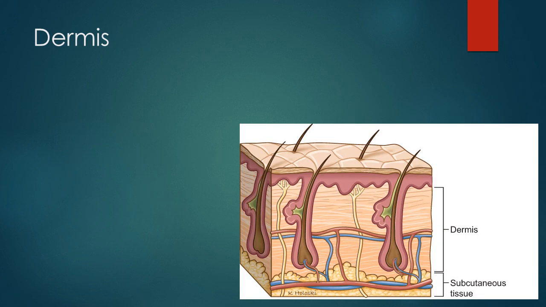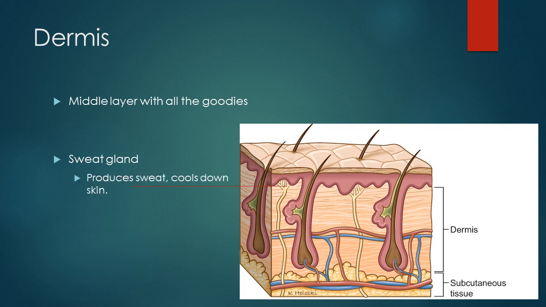Now we continue on to the dermis. As you can see, in the dermis you can find a lot of structures. We start with the sweat gland. Guess what the sweat gland does? It produces sweat. When you start to work out, for example, when you start to run, what happens is your heart starts to beat faster, blood gets pumped around, and you heat up.